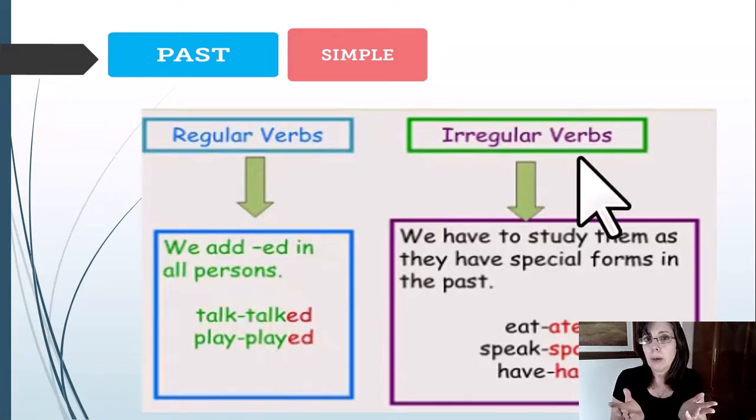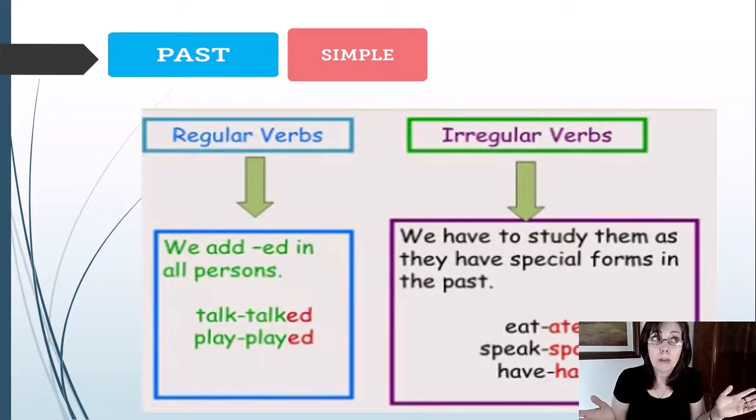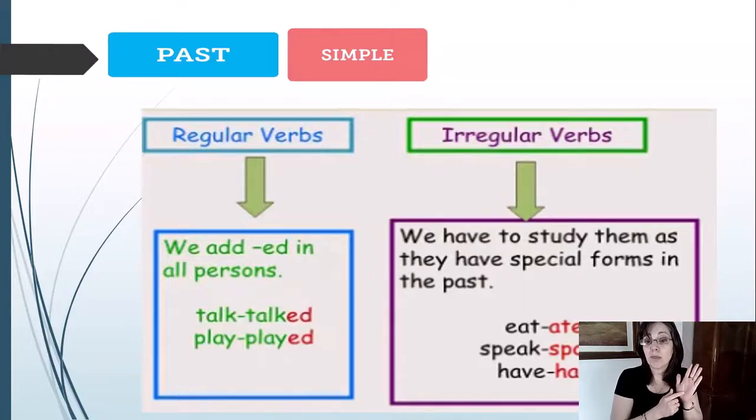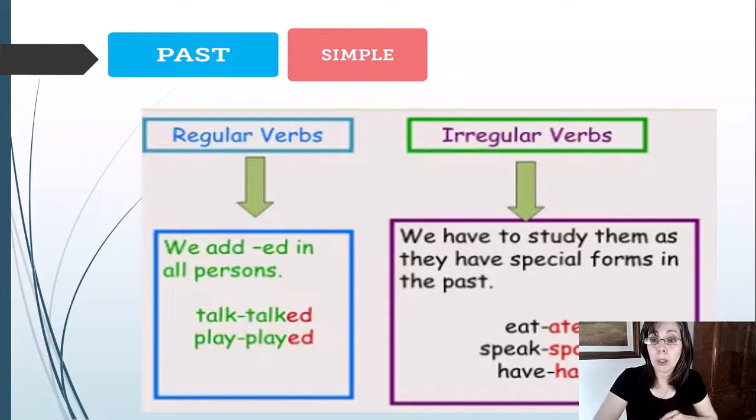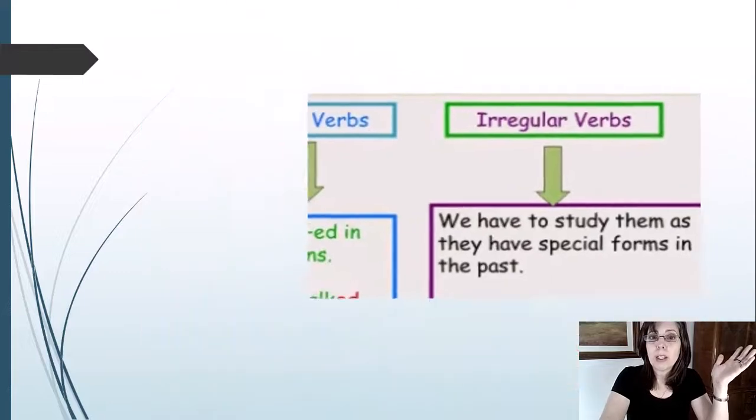But then you have some other verbs which are irregular, meaning they do not follow a rule, they do whatever they want. And you have to check the list. Eat, ate. No reason, no explanation whatsoever here. Simply have to remember. Speak, spoke. Memory. No other way.